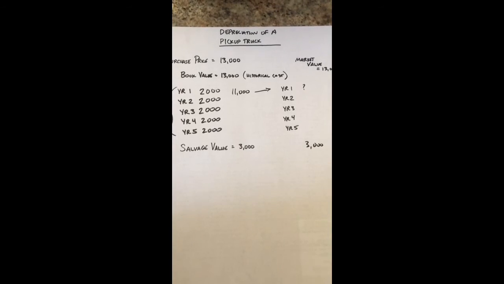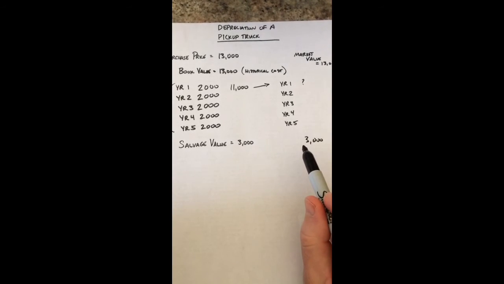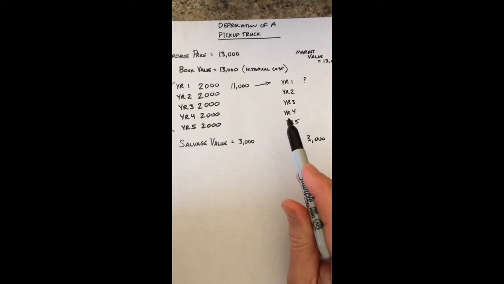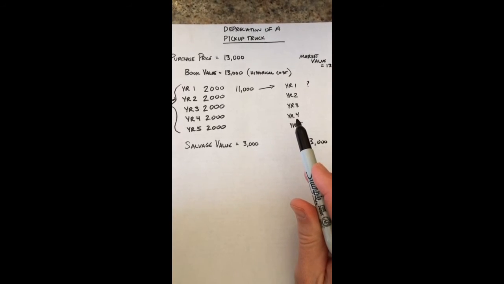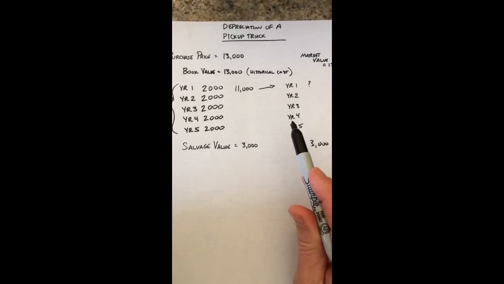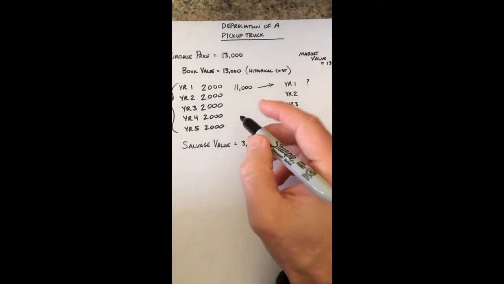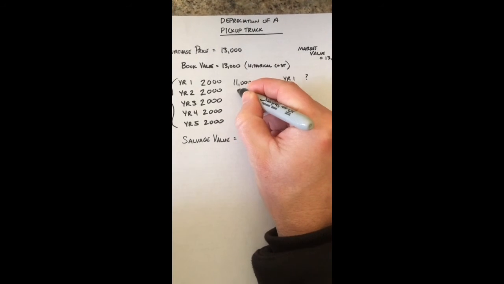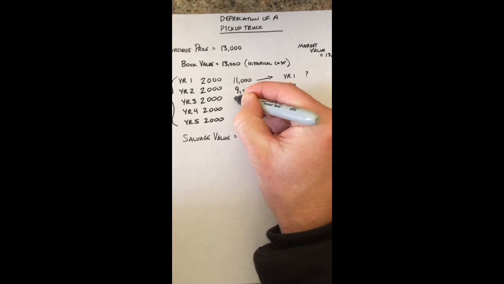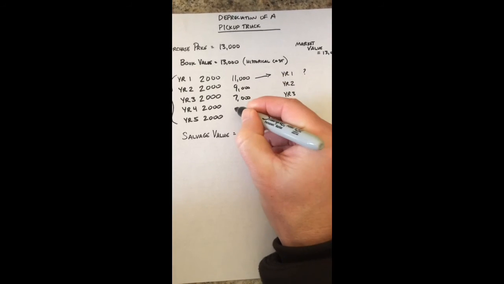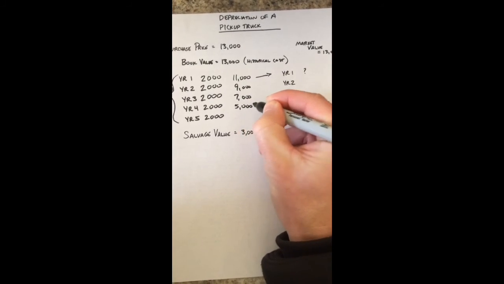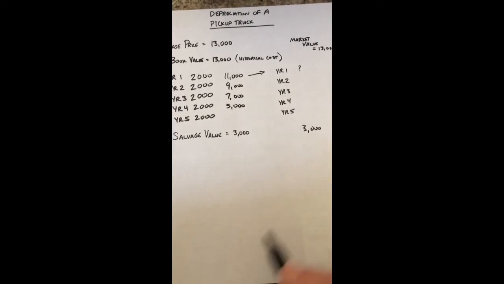And when we sell that at the end of the 5 years, or let's say something happened and we decided after 4 years, maybe we got a good deal on another pickup, and so we're going to quit after 4 years. Whatever that book value is, it would go from 11 to 9 to 7. At the end of the 4 years, it would be 5,000.